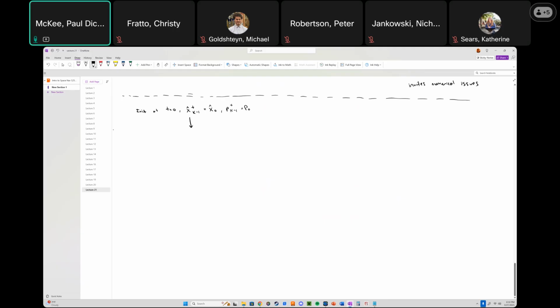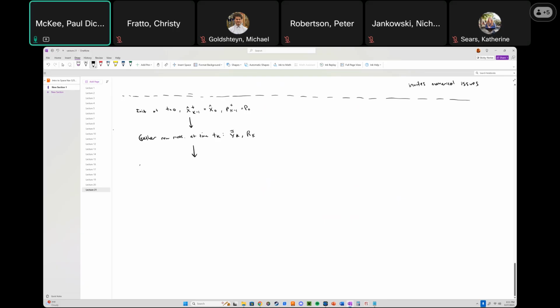Then we gather a new measurement at time t k. So at time t k, you've got a measurement y k, which comes along with measurement uncertainty or measurement covariance R k.